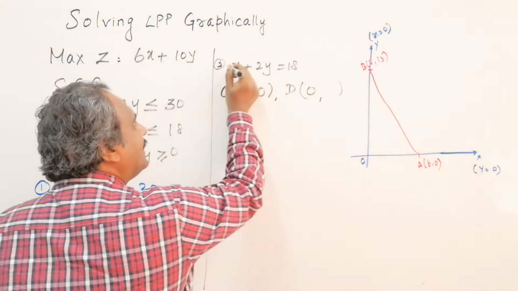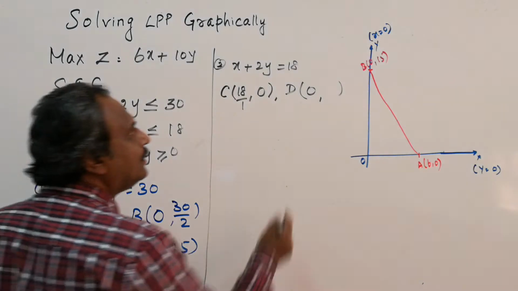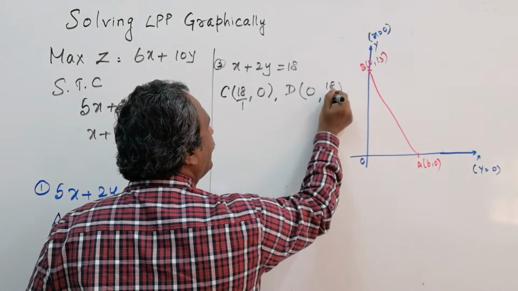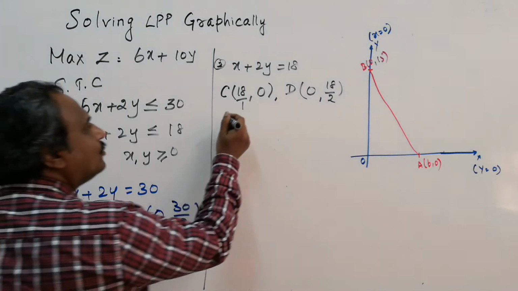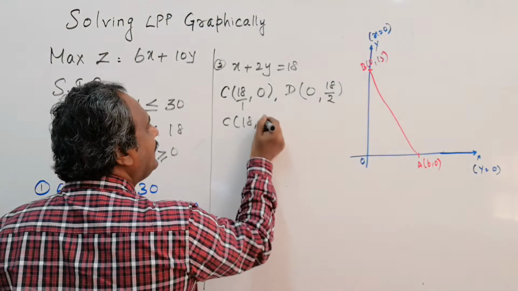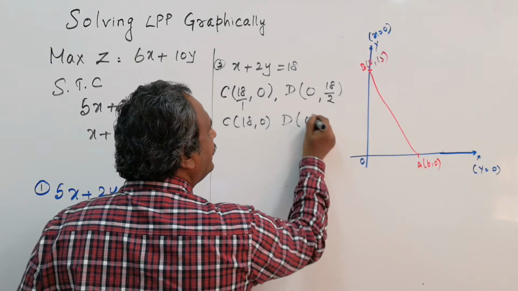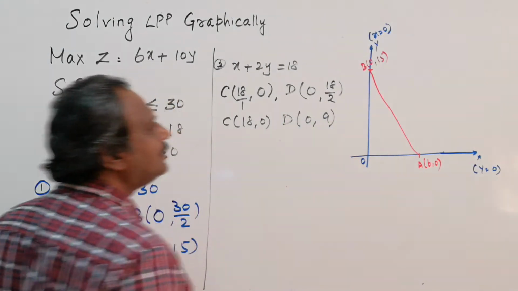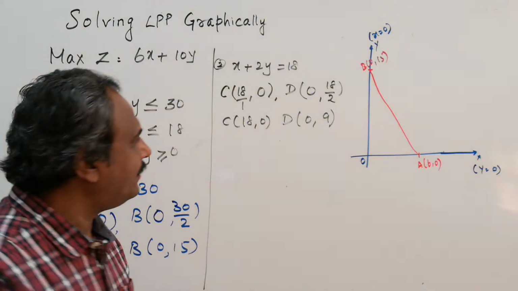Take the right hand side. Here the coefficient is 1, so this is 18 by 1. Take the right hand side. Here the coefficient is 2, so I am going to divide it by 2. So my point C is 18, 0, and my point D is 0, 9. So I am going to draw this graph.